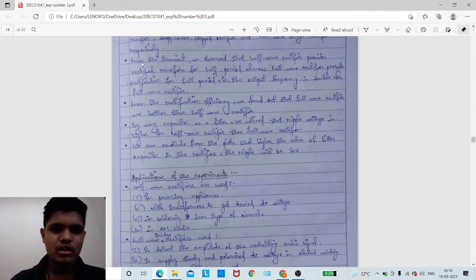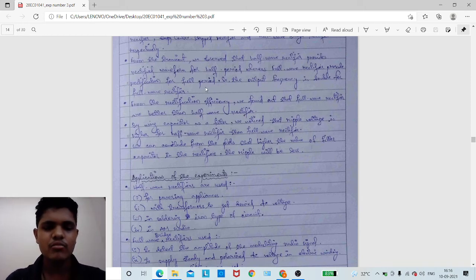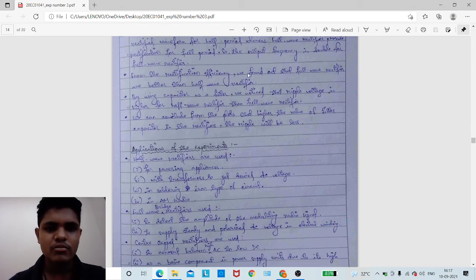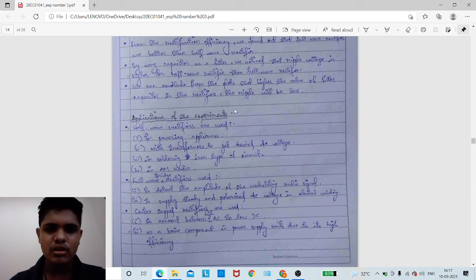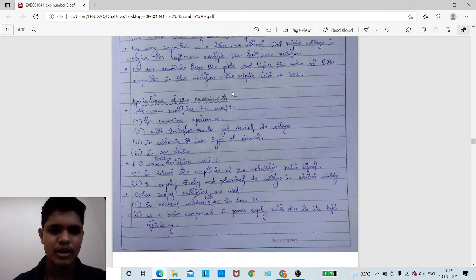Observation and conclusion: from the transient, we have observed that the half wave rectifier provides rectification for half the period, while the full wave rectifier provides it for the full period. So the output frequency is double for the full wave rectifier, and in rectification efficiency the full wave rectifier is much better than the half wave rectifier. Using the capacitor as a filter, we notice that the ripple voltage is higher for the half wave rectifier than the full wave rectifier.